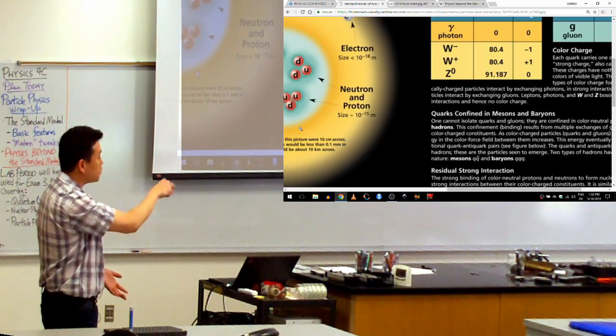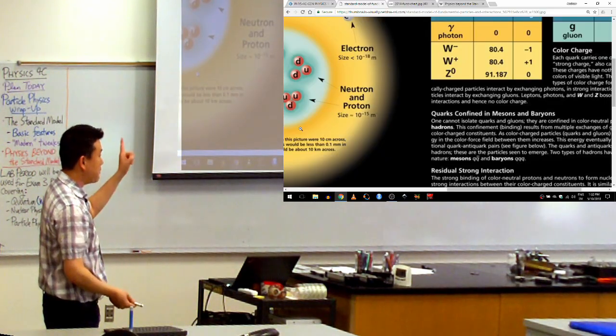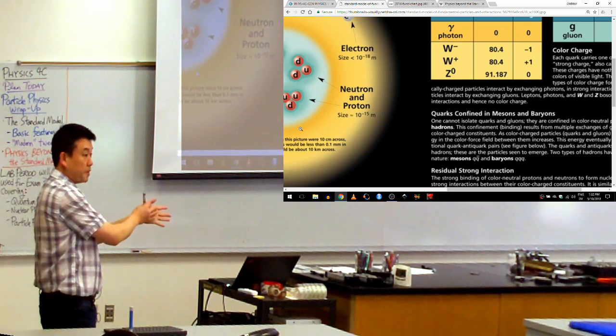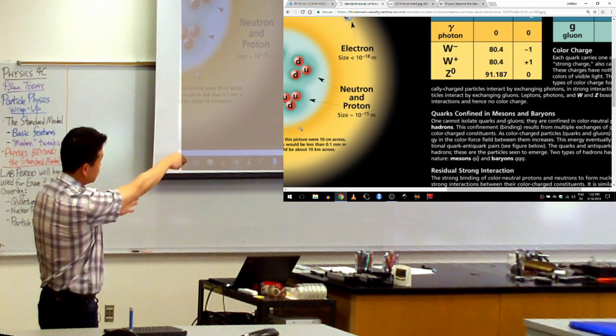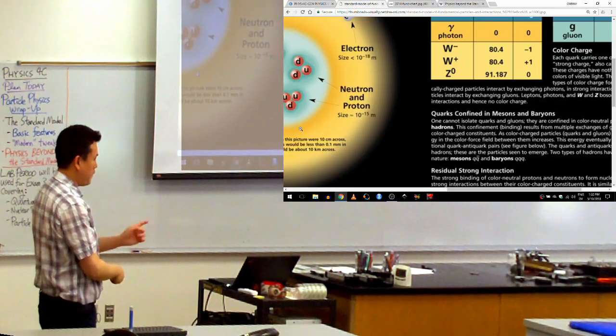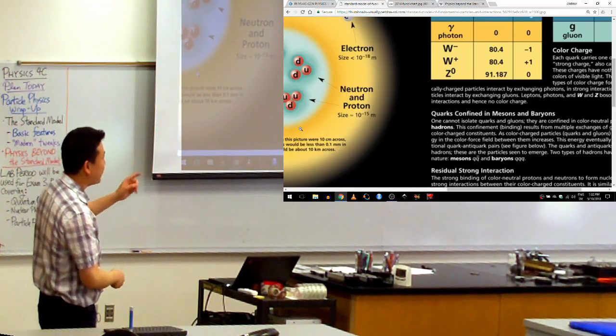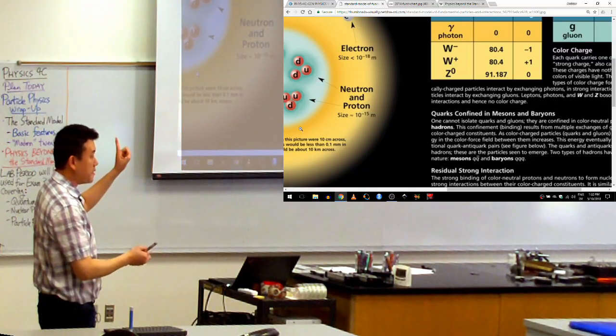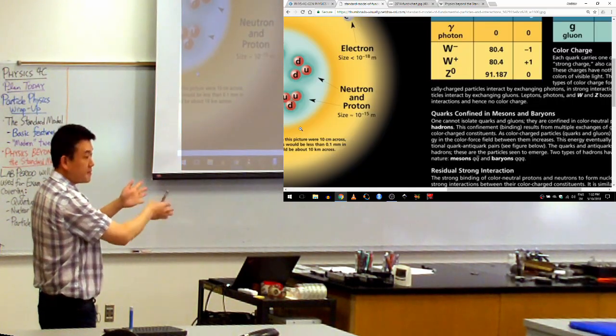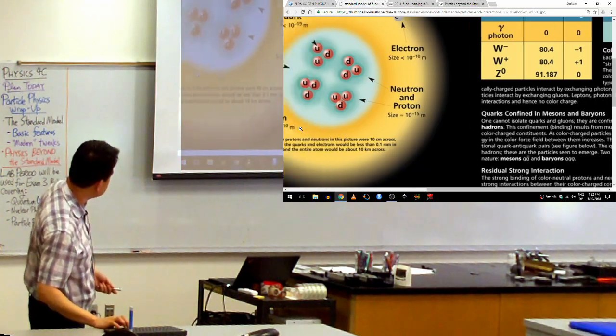So the heavier mass does two things. One, it makes the interaction short range. Because of the Yukawa type potential, there's an exponential decay that's associated with this mass. There will be one of the homework questions that kind of ties into that. And so that means at any appreciable length scale, that's what this is describing.